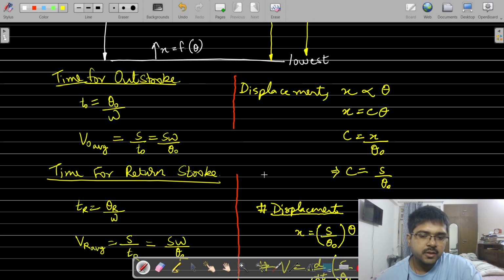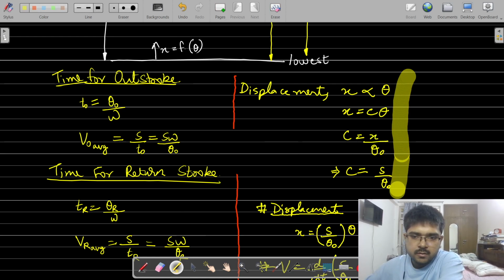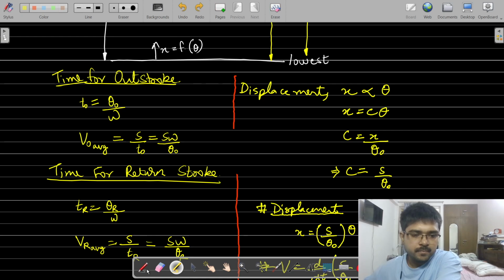Now what is the governing equation for displacement? x is proportional to theta, so x is equal to c theta, where c is a constant to change the proportionality sign into an equal sign.